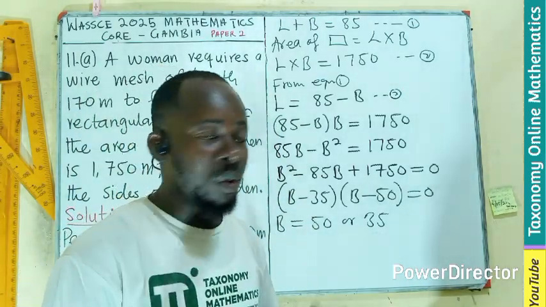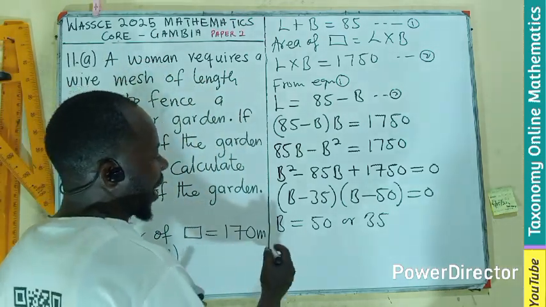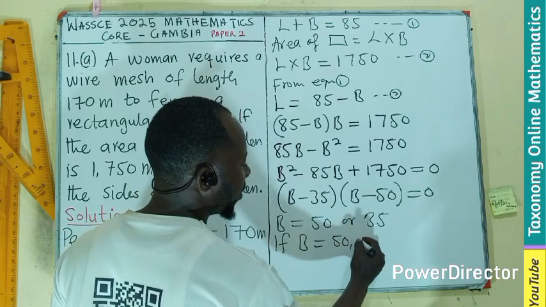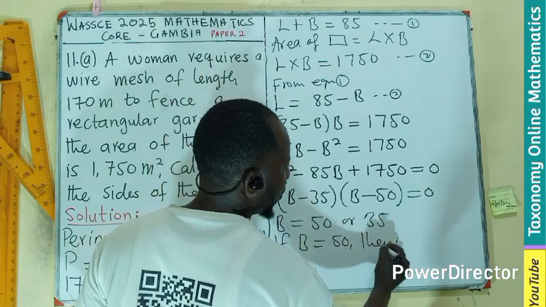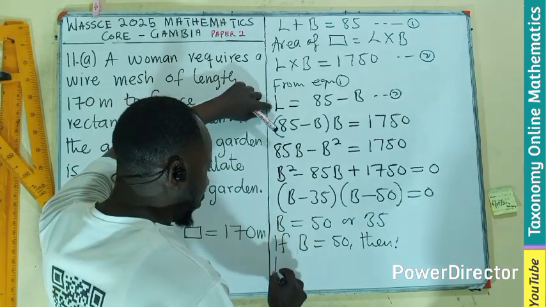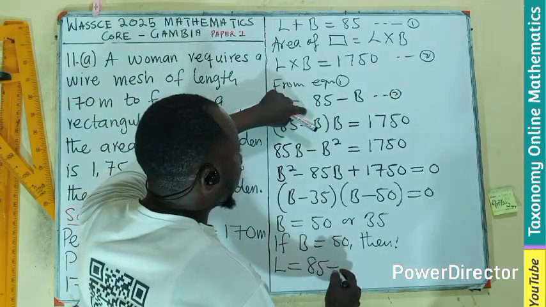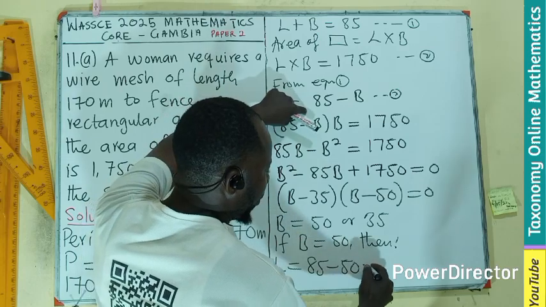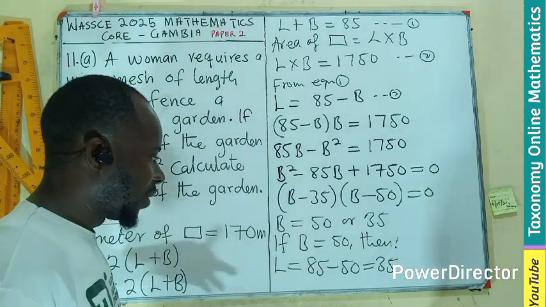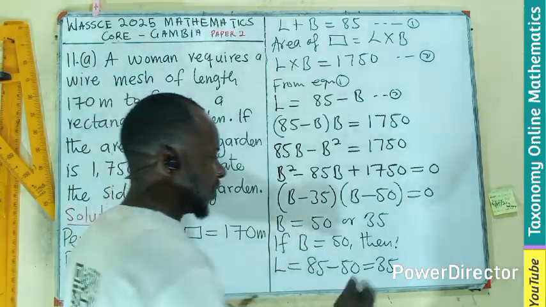Two various variables. So what do we do? If B equals 50, then we need to find L. Then L will become 85 minus 50, which gives 35. So if B is 50, then L is 35.